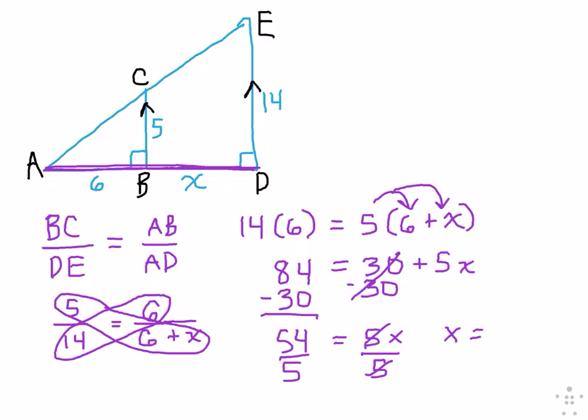So let's see, that would go in one time, and then it goes into 0 zero times, add a decimal, bring down a 0, so then that would be going into 5 eight times. So then x would be equal to 10.8.